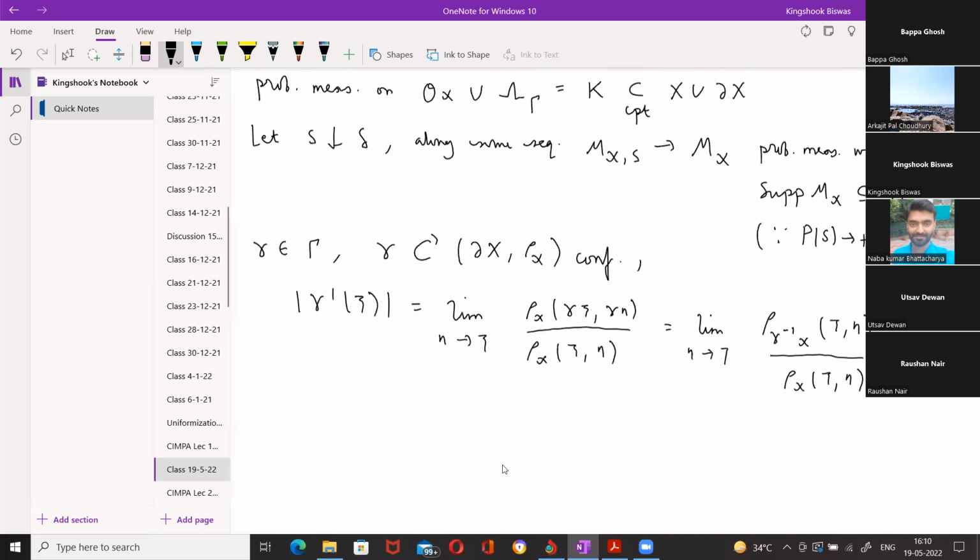So now what is this? This is the derivative of the visual metric rho gamma inverse x with respect to the visual metric rho x, so this is d rho gamma inverse x over d rho x.